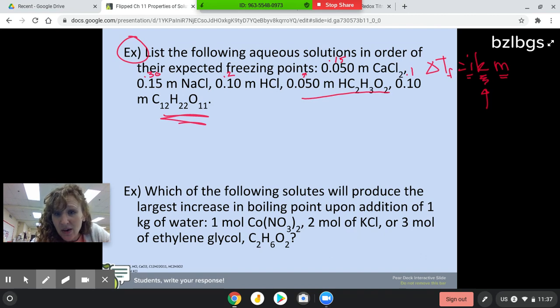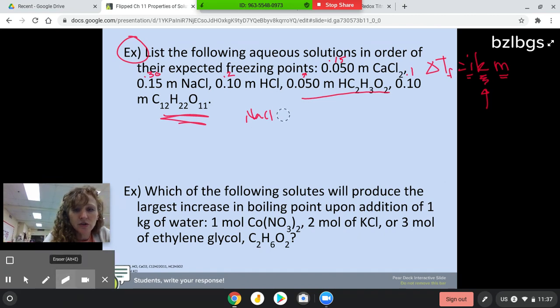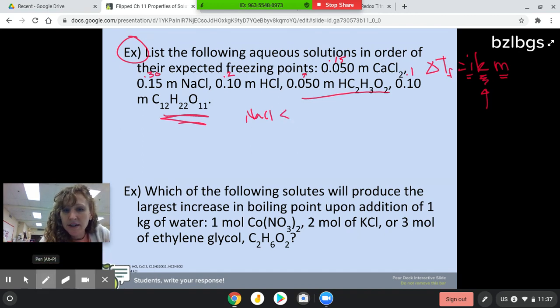Okay, so now I can rank them. NaCl is going to have the highest molality, so it's going to have the lowest freezing point. Maybe I should note that, because they're asking me to rank it in terms of freezing point. HCl is going to be next with 0.2. And then calcium chloride will be next with 0.15.